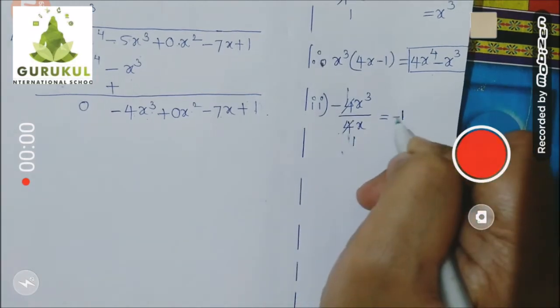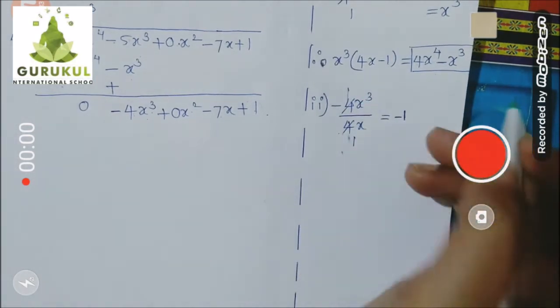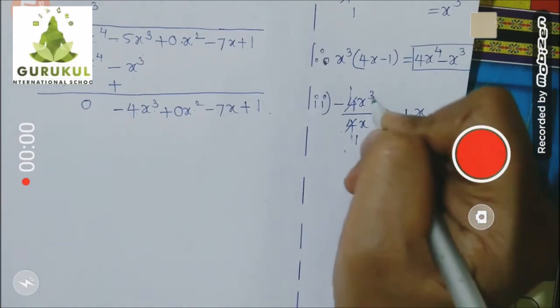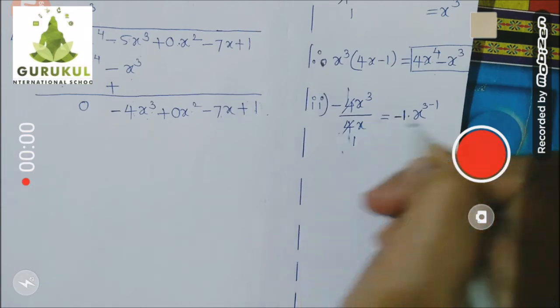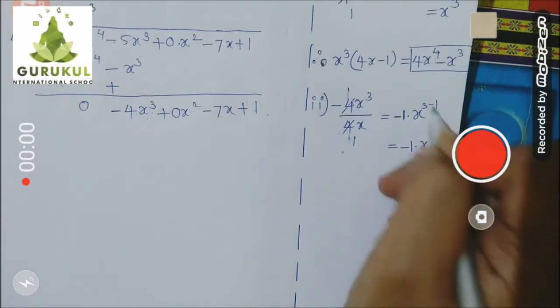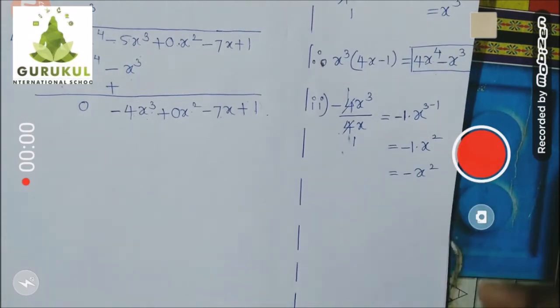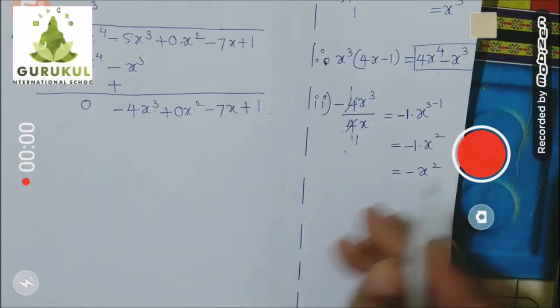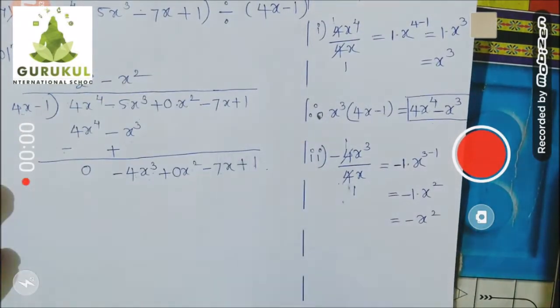Plus minus, minus. Okay, and this is applying the law of indices. Dot x raised to 3 minus 1. Here no power means 1. So what is the answer? Minus 1 dot x raised to 3 minus 1, 2. So finally minus x square. Now this becomes the quotient. We will write over here minus x square.